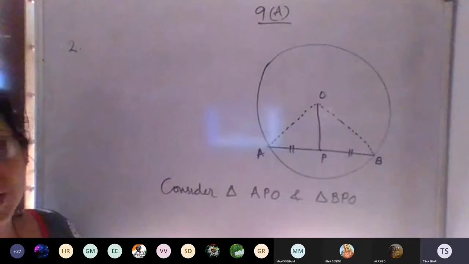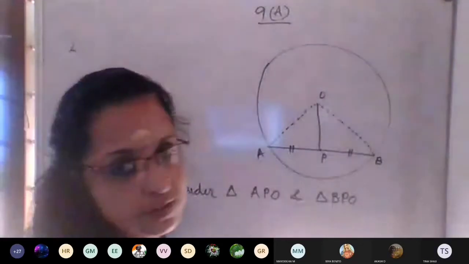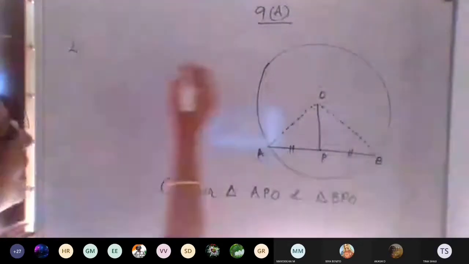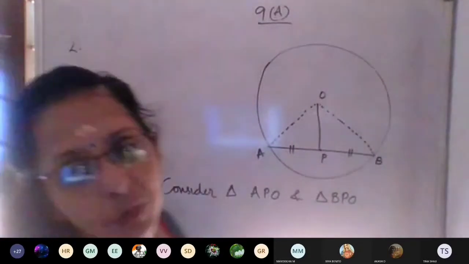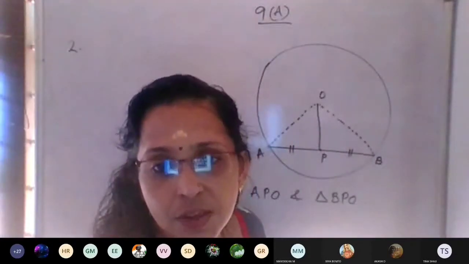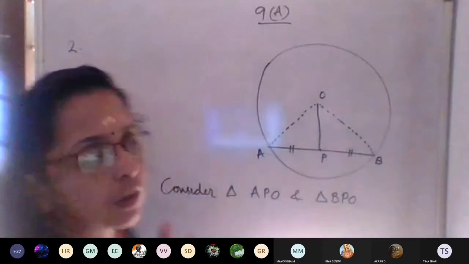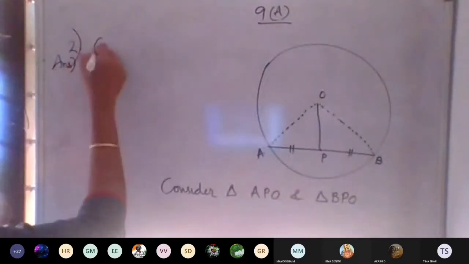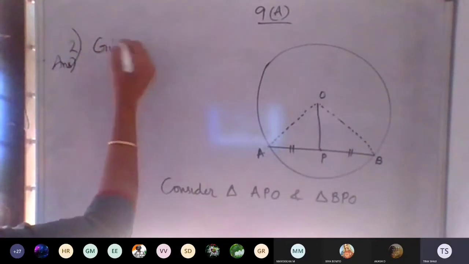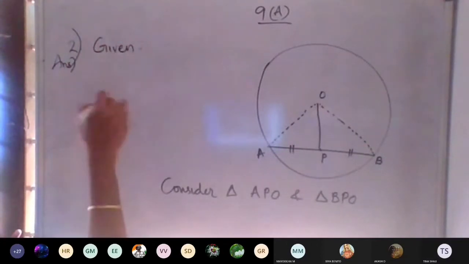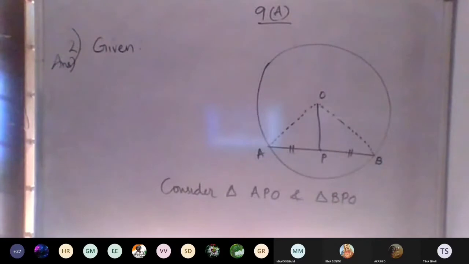To prove this type of questions, what will we do? First, the format. Letter writing has a format, no? Same way for proving this congruency, we have a format. What are the things we have to write? Given. What are the things given? Tell me. Don't write. I will give you time.